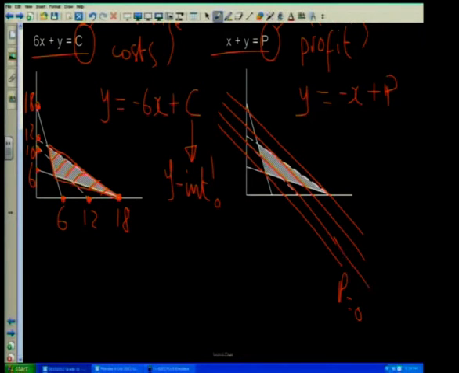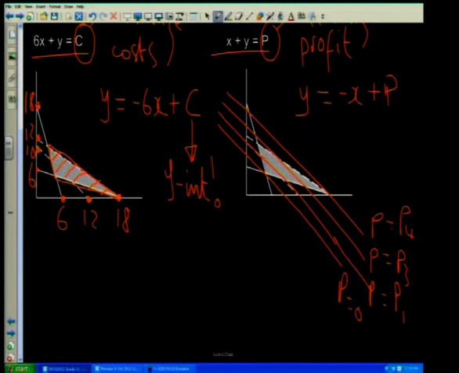The next one could be profit equals some new figure, let's say P1, profit is P3, profit P4, all right? So all those lines are lines of equal profit.